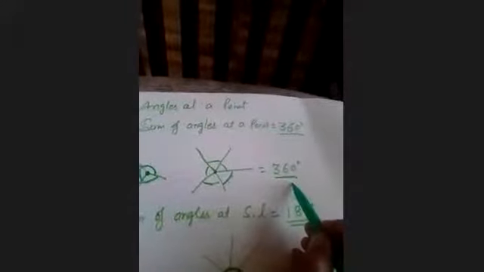This is a point, and these are three angles at this point. If we add the measure of this angle plus this angle plus this angle, then the sum is 360 degrees.